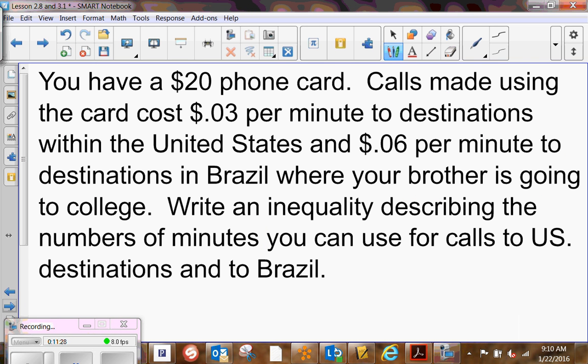All right, let's talk a minute about a word problem here. We're not going to solve the problem. We're just going to write an inequality. You have a $20 phone card. Calls made using the card cost 3 cents per minute to destinations within the United States, and 6 cents per minute to destinations in Brazil, where your brother's going to college. Write an inequality describing the number of minutes you can use for calls to both the U.S. destinations and to Brazil.